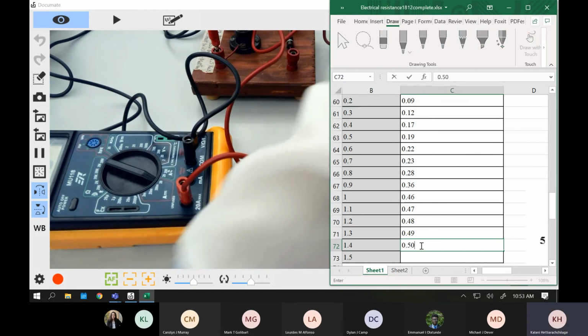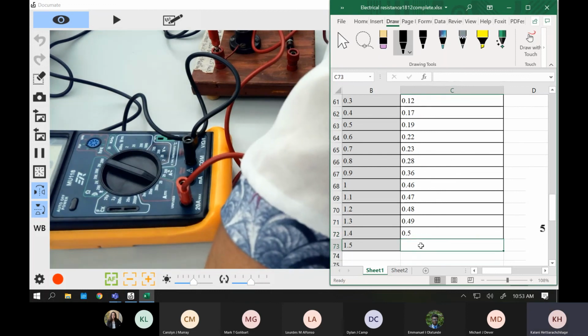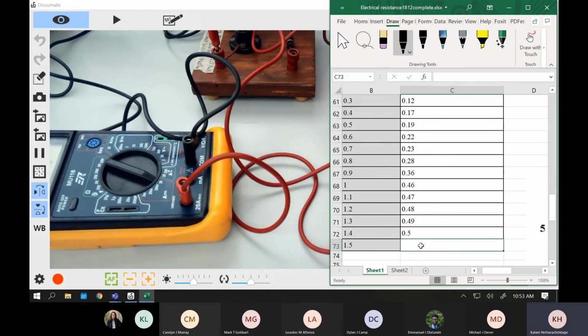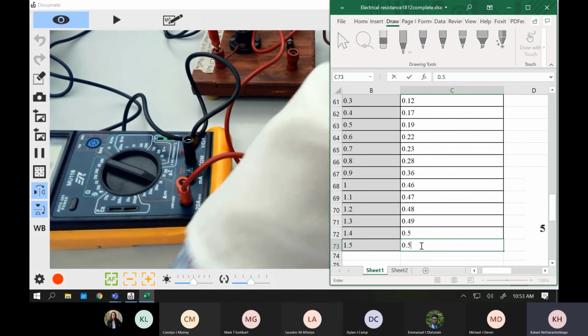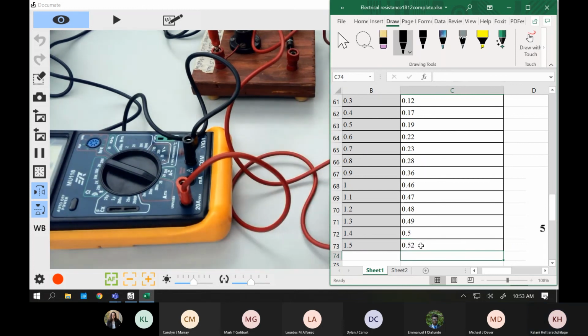So now the light bulb is not an ohmic material, because of that it is not linear. You will see fluctuation each time. Okay, nothing to worry about. That should be like that. So 0.52. You guys can turn down your voltage.